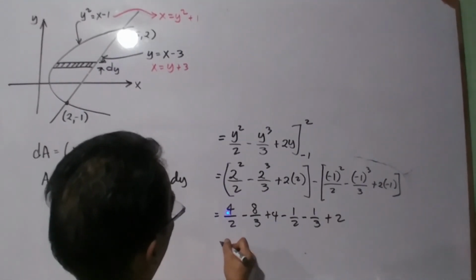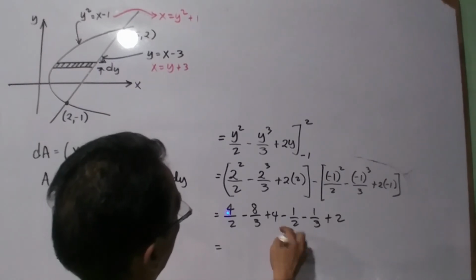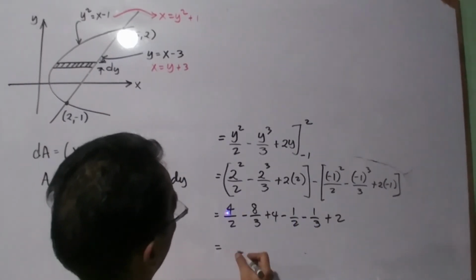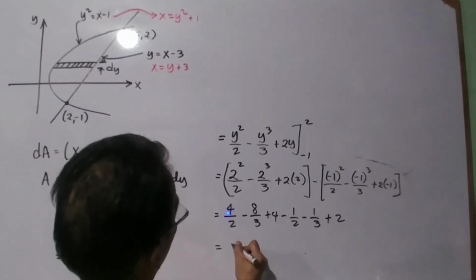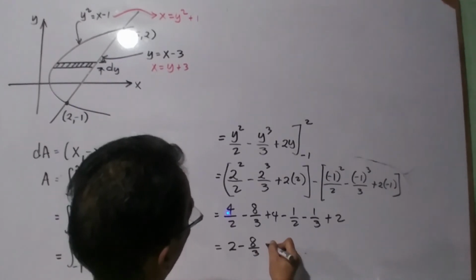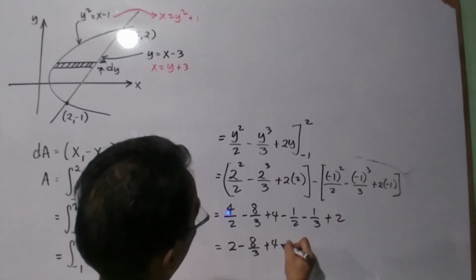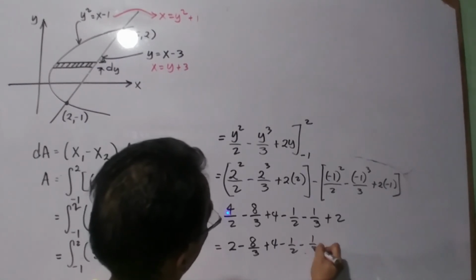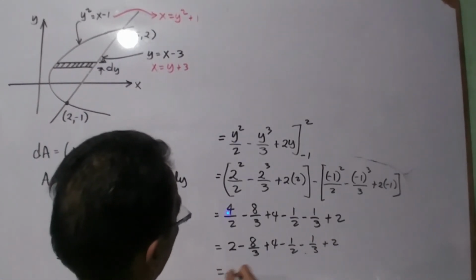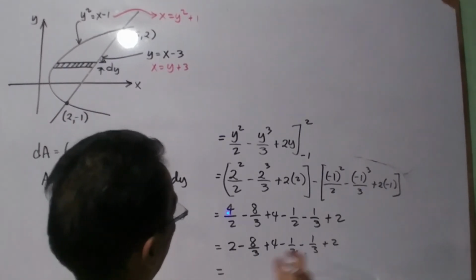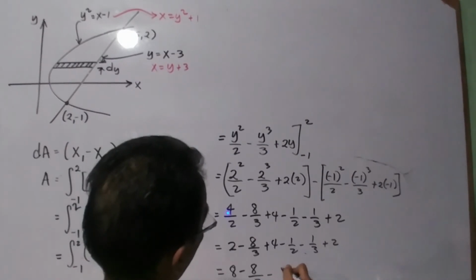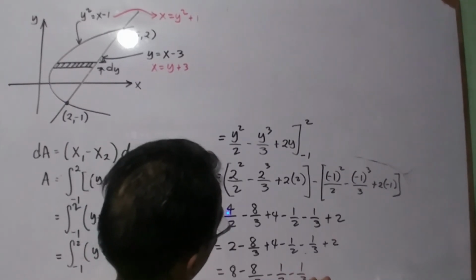So we have now, ito magiging 6, ito magiging 2. 2 minus 8 over 3 plus 4 minus 1 half minus 1/3 plus 2. Or we have 2 plus 4 plus 2, we have 8 minus 8 over 3 minus 1 half minus 1/3.